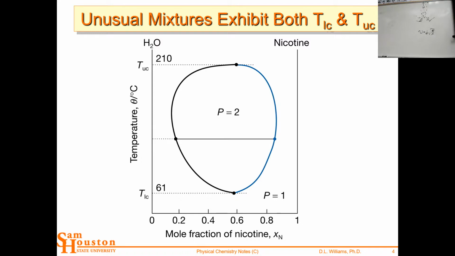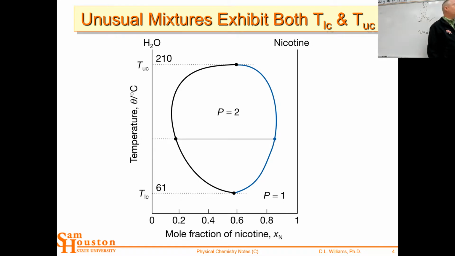If we're over on this side, it's a little bit more than 80%. So that's like 15 or 18% water in nicotine. So that'd be the solubility of water in nicotine. I mean, you could get it miscible if it was at cold temperatures, but let's say this is room temperature, okay? If you're at that temperature, then that's the solubility of nicotine in water.